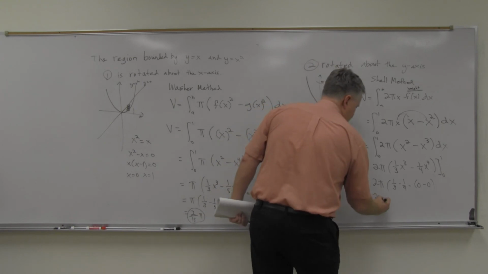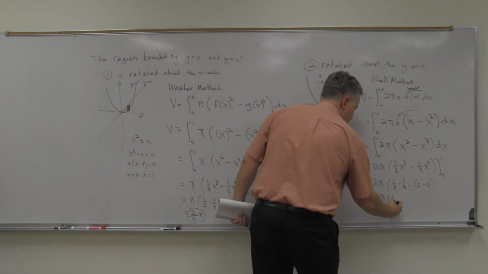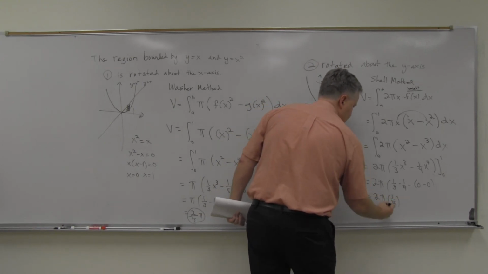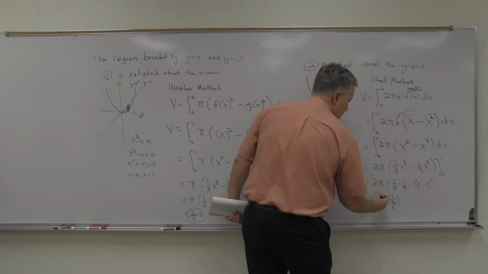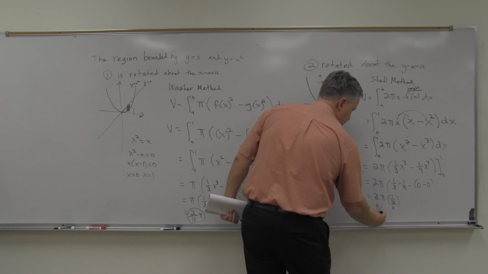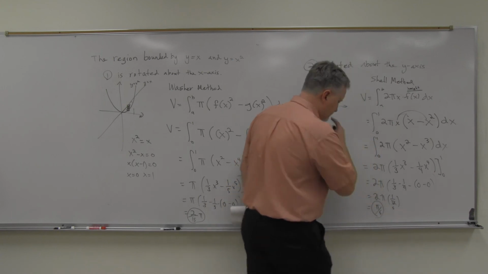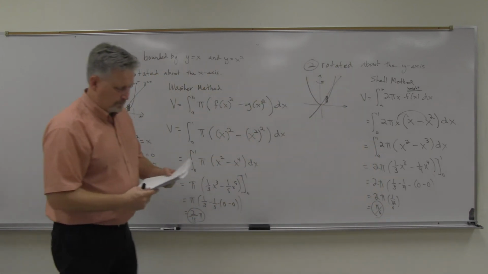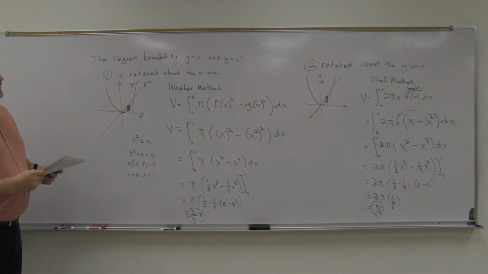So this is 2 pi times 1/12, which cancels the 2 out, to be pi over 6. Pi over 6 would be the volume right there. Okay?